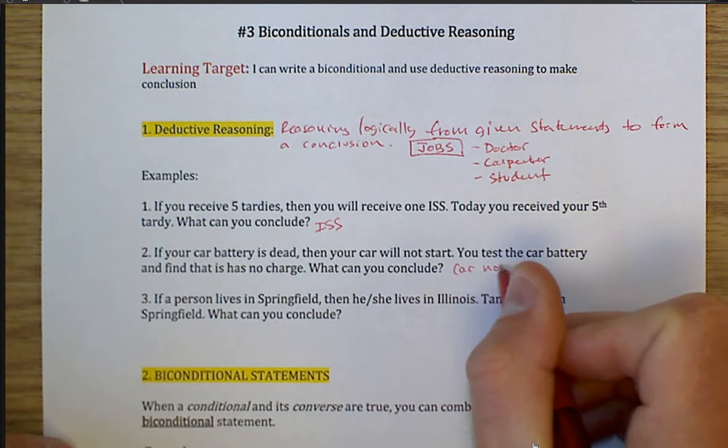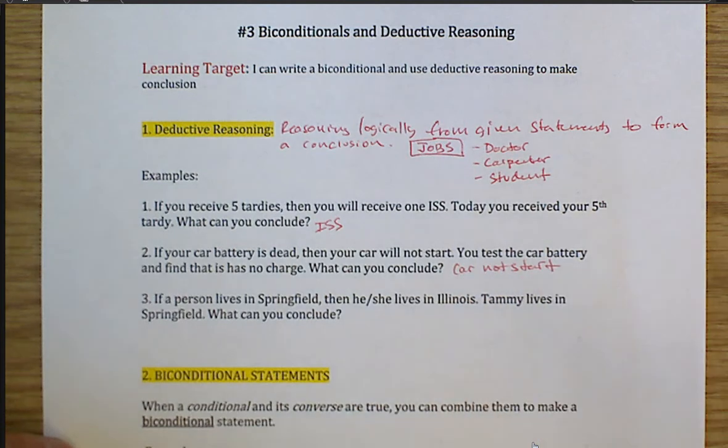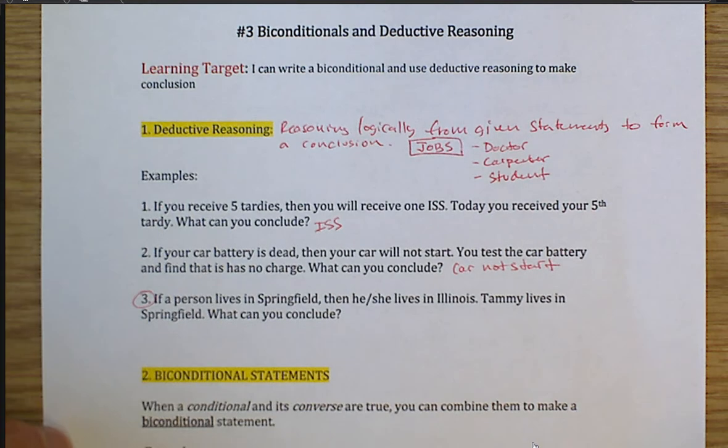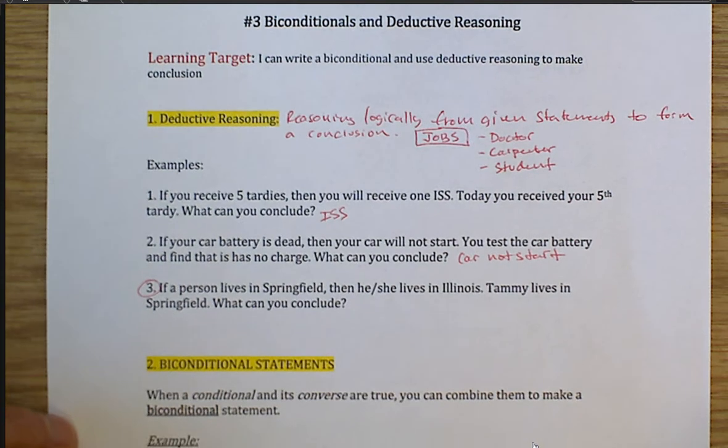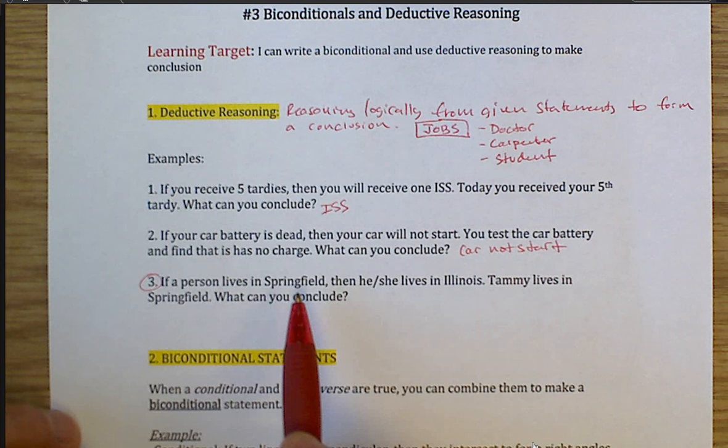There's no way. Okay. The third example is an example of deductive reasoning that maybe doesn't necessarily follow logic. Hear me out on this. If a person lives in Springfield, then he or she lives in Illinois. Tammy lives in Springfield. What can you conclude? Now, those of you who are up on your geography may know that there is more than one city named Springfield, right?